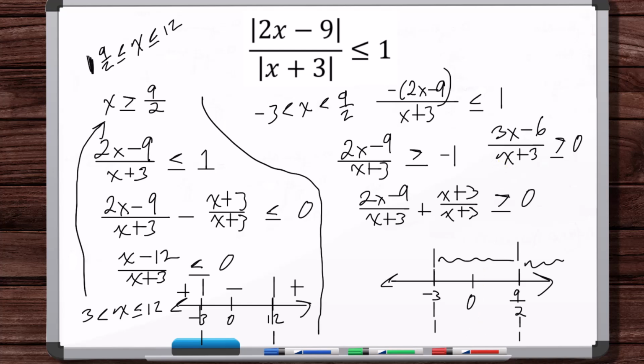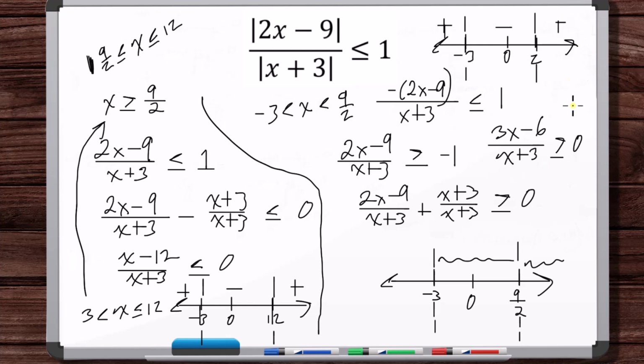So once again, we'll have minus 3, and then we've got 2. It's going to be positive, negative, positive.